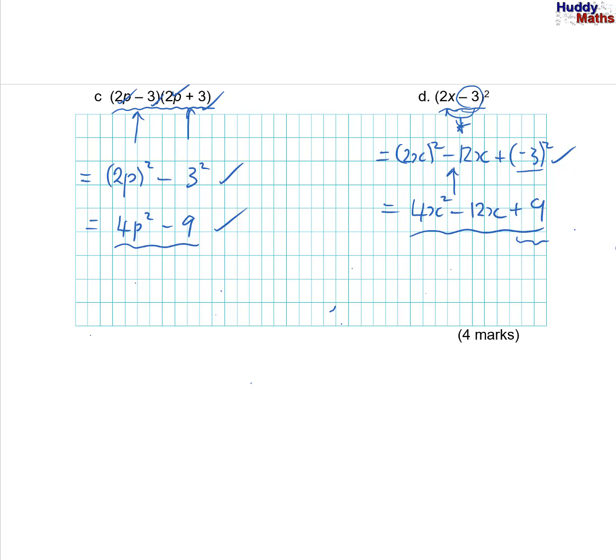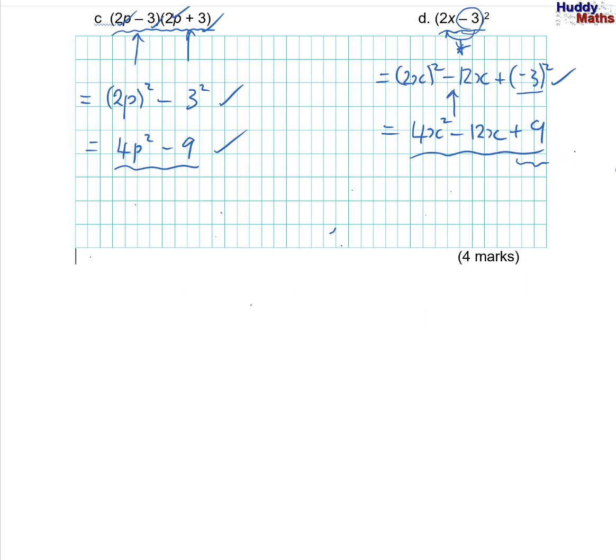Because any number squared is a positive. A negative times negative is a positive. Okay, so here we go. What's that? That's another mark there. So the idea then is to have a total of 4 there.